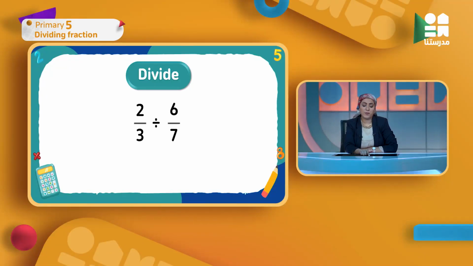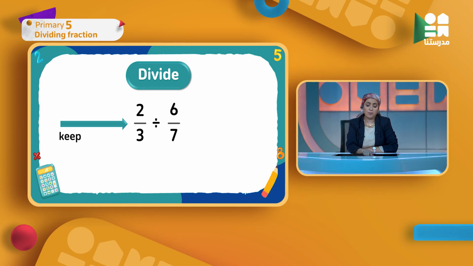When I divide fractions, I have certain steps that I have to follow to do it correctly and easily. Now, I have this example, 2/3 divided by 6/7. The first fraction, I keep it as it is. I don't change it.